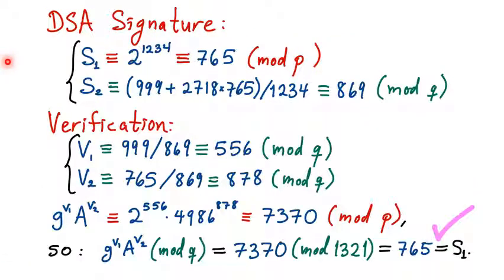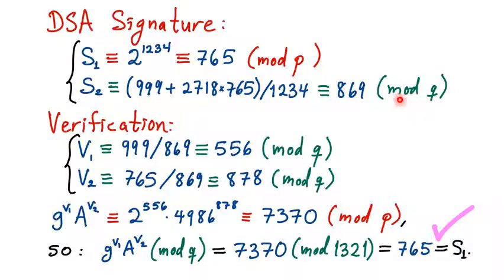Now next we generate the signature proper. Remember that S1 is G to the K, so 2 to the 1234, and this is done in arithmetic modulo P. So we get 765, just so happens. And S2, we're going to take our document, 999, plus our secret, 2718, times the S1 that we just computed above, and divide by K. So we'll multiply by the multiplicative inverse of 1234.